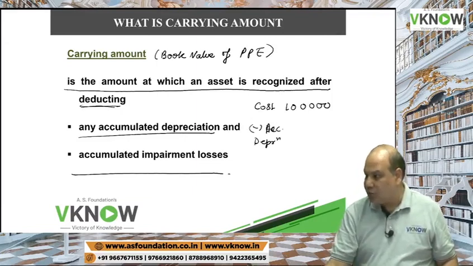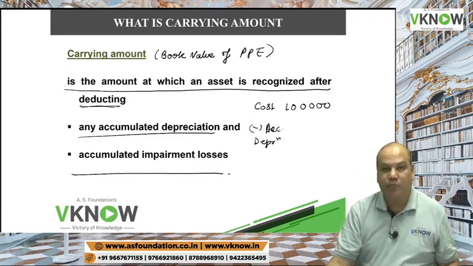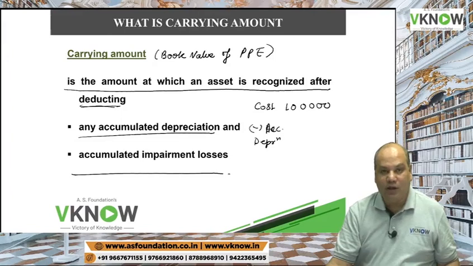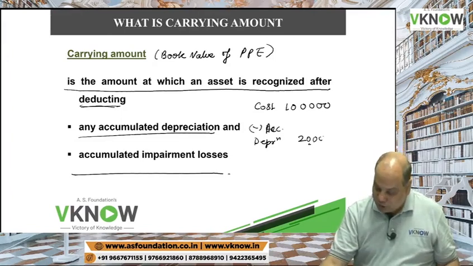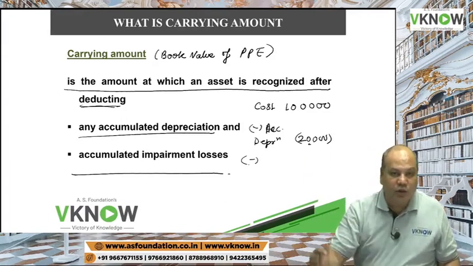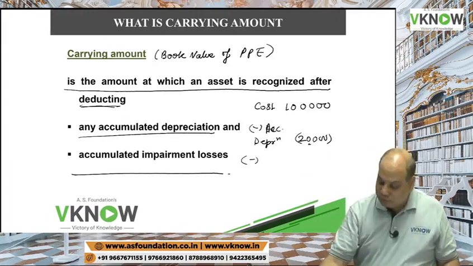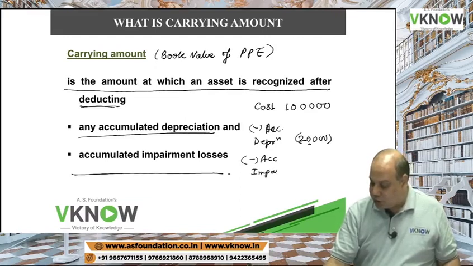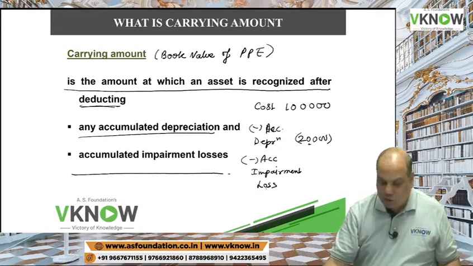Accumulated depreciation means total depreciation from the beginning till the balance sheet date is 20,000. And later also say, because the value of the asset has gone down, I have reduced the value. The reduction in the value is called impairment loss.